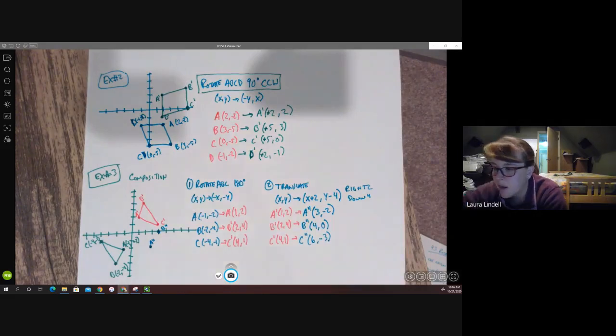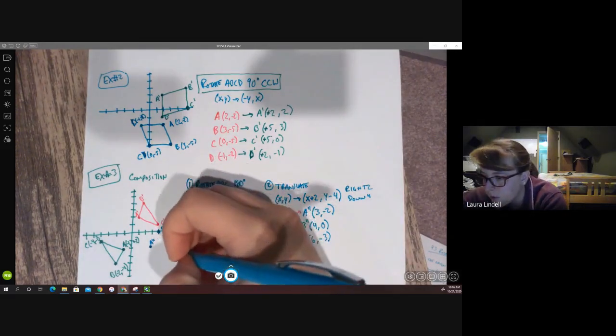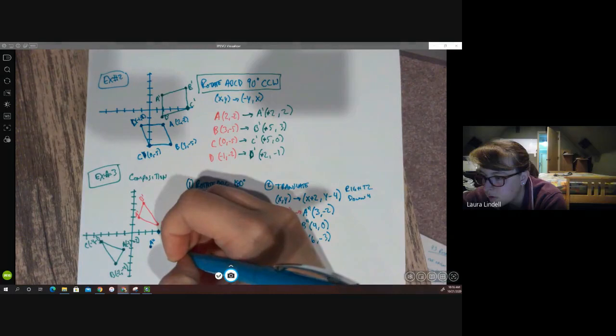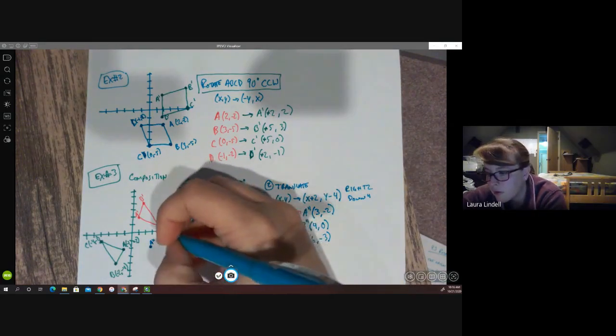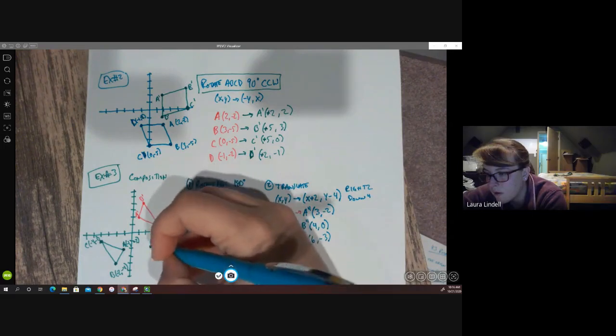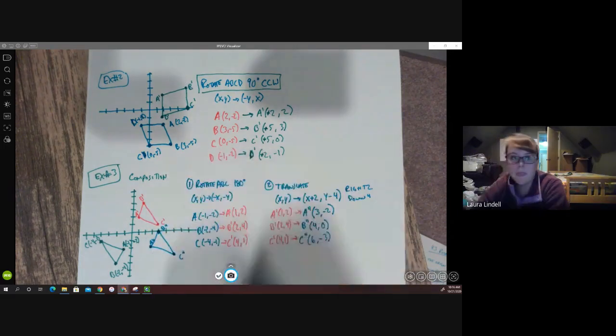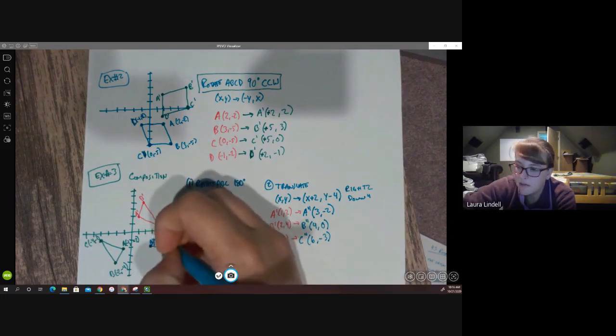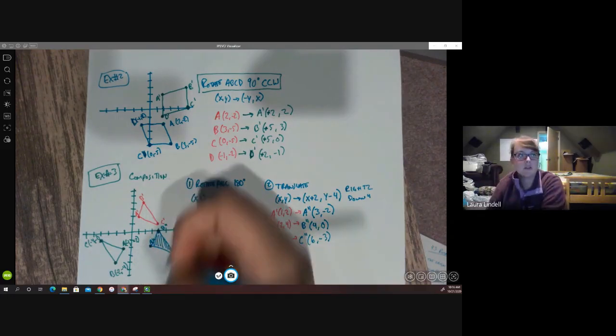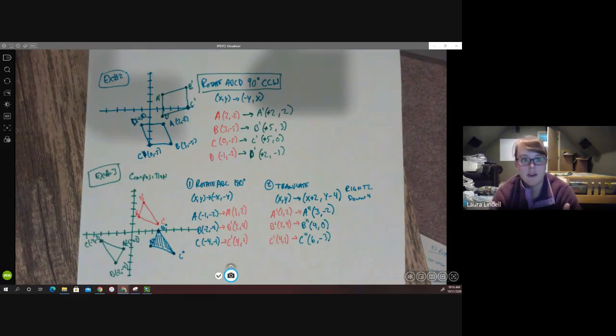And for C double prime, we end up with over 6, down 3. And if we were doing this on paper, we would want to color in our last version of the shape to show that that's our final iteration of it.